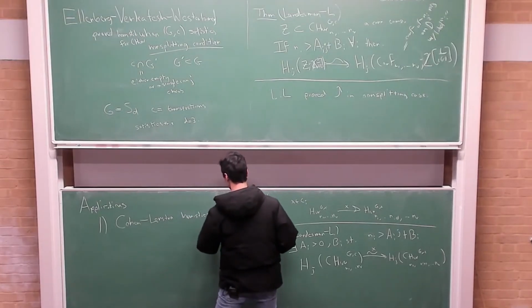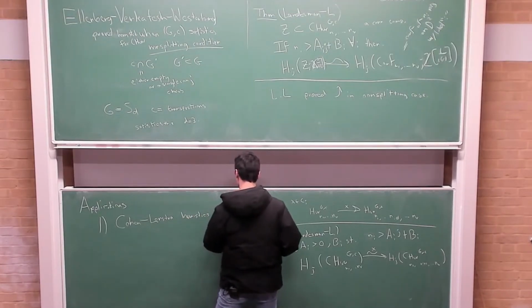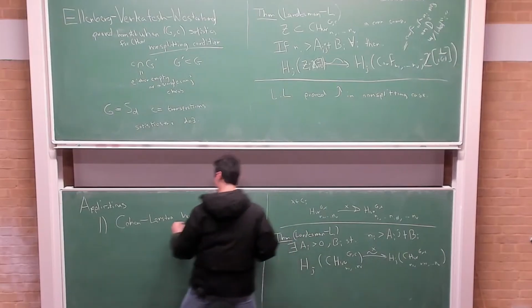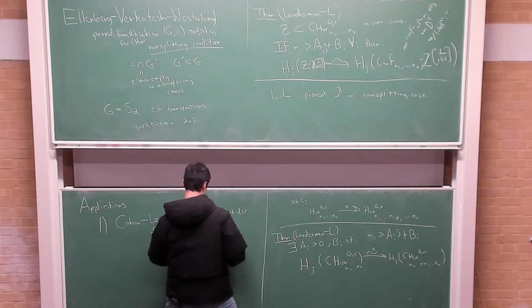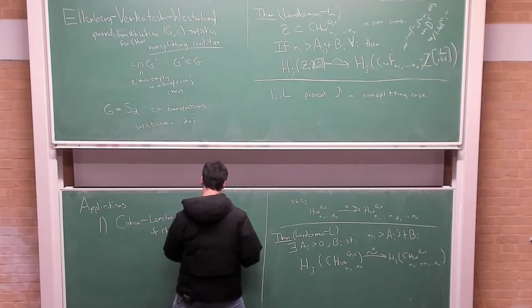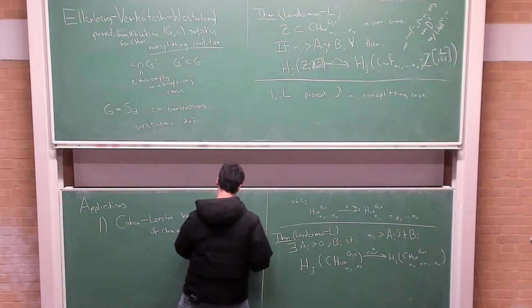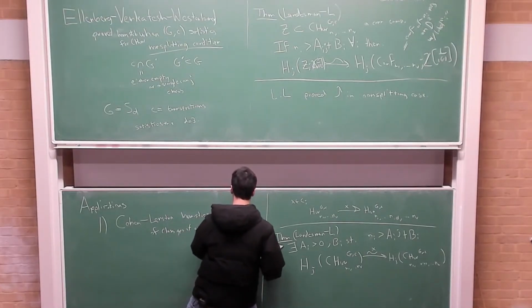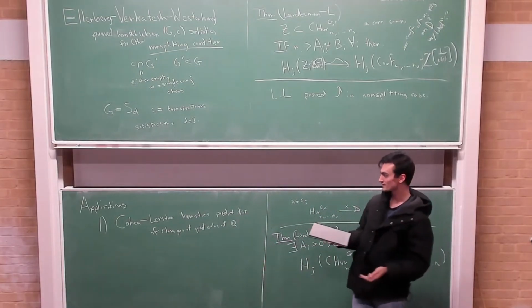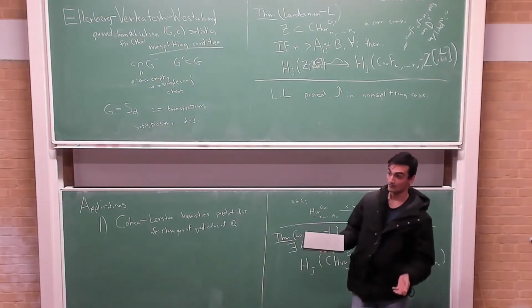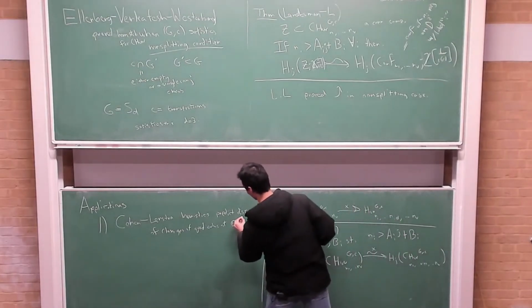So the Cohen-Lenstra heuristics predict the distribution of class groups of quadratic extensions of the rational numbers. And I really want to talk today about arithmetic statistics over function fields. So I'm not going to work over the rational numbers.